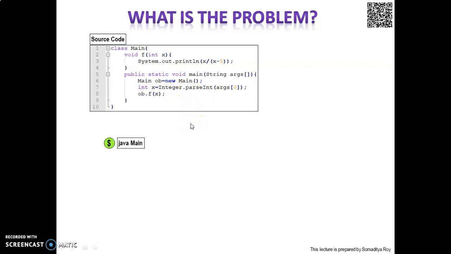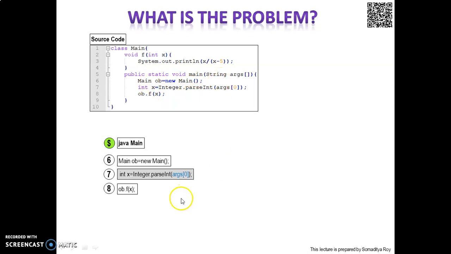So let's look at how the code will react. For simplicity we will only take these 3 instructions within the main method. If we try to execute the class as java Main, that means we are not passing any value to the command line, then what happens?